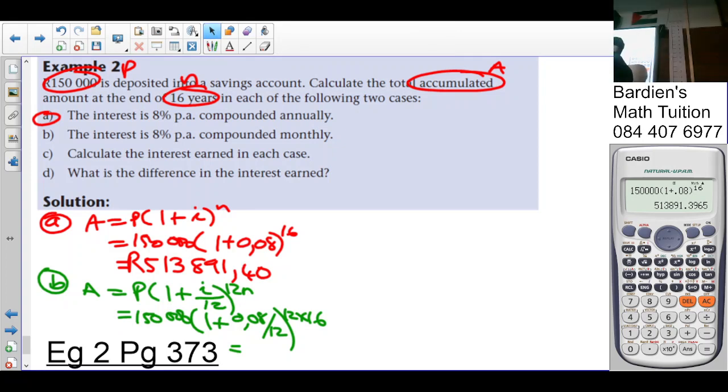Same amount invested, same time span. However, the compounding is different. You see that it's more than 20,000 rand more just by that compounding being different.